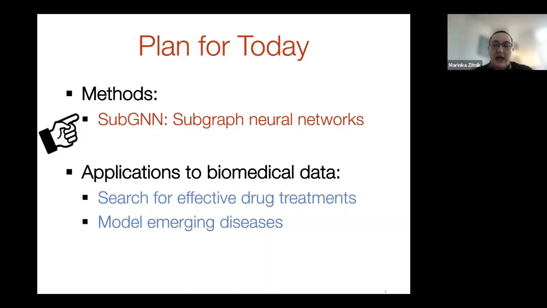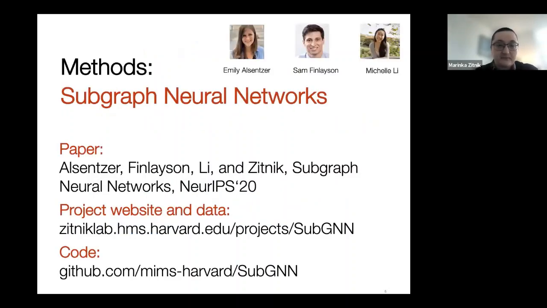And so in the first part of the talk, I will focus on SubGNN, and we will discuss this particular graph neural network algorithm. This method was published at the last NeurIPS a few months ago. We have a project website up together with all the data sets that were discussed and presented in the paper.